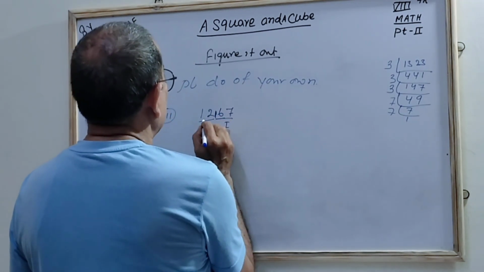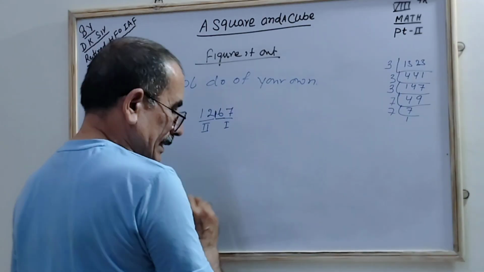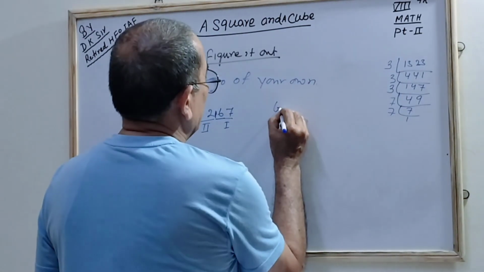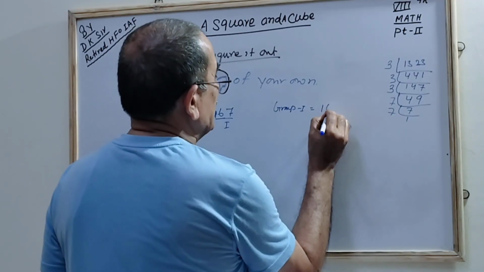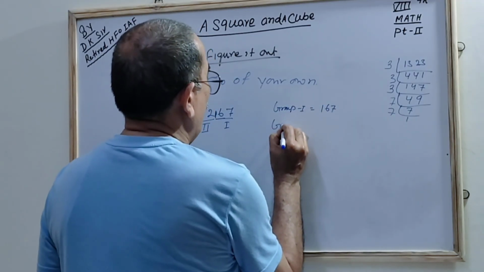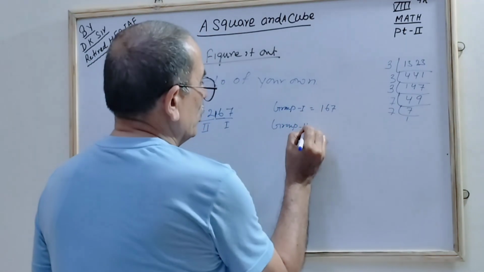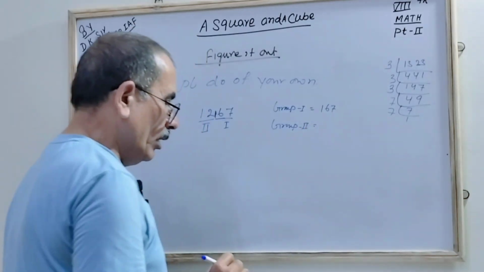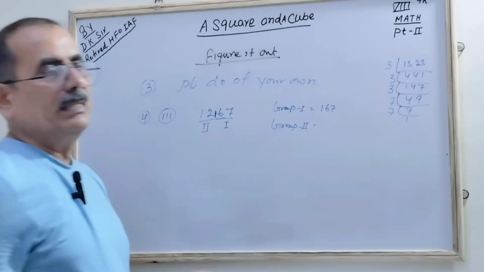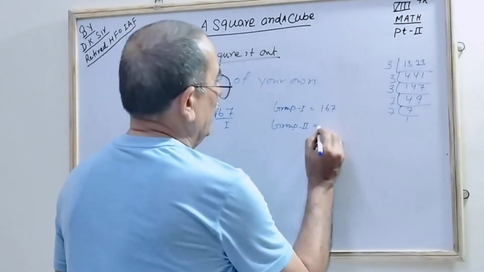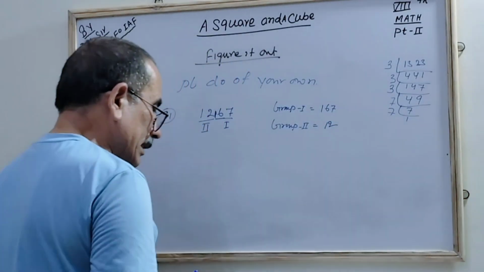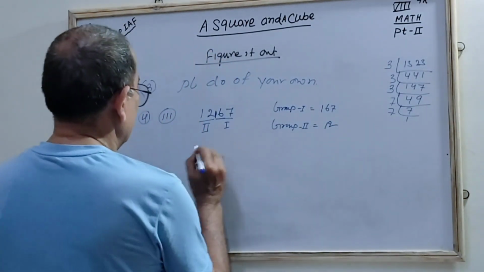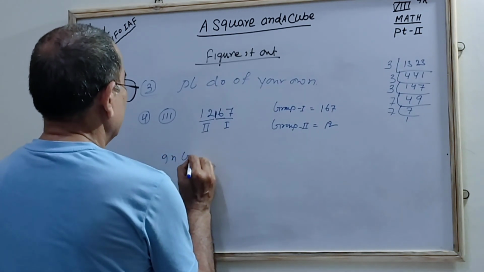The number is 12,167. So you make the groups. In group 2, you are left with the 12. So put the 12 in group 2. Correct? In group 1, what is the unit digit?